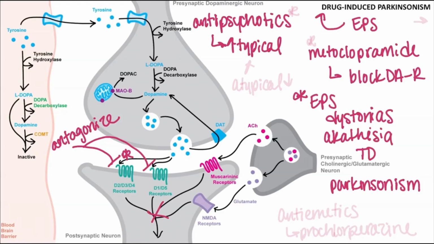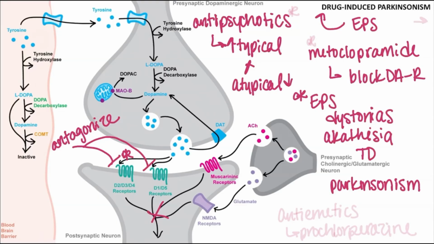The atypical antipsychotics actually have an additional mechanism of action that balances this D2 receptor blockade to significantly reduce that risk of EPS. And we will get into these differences in a later video.